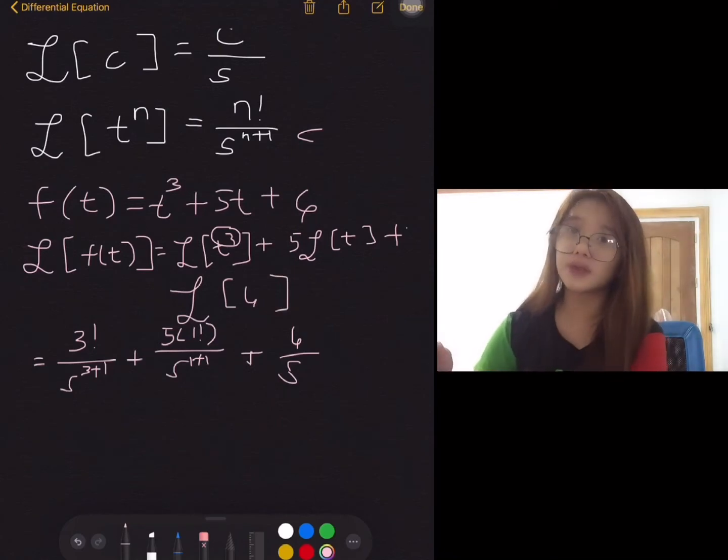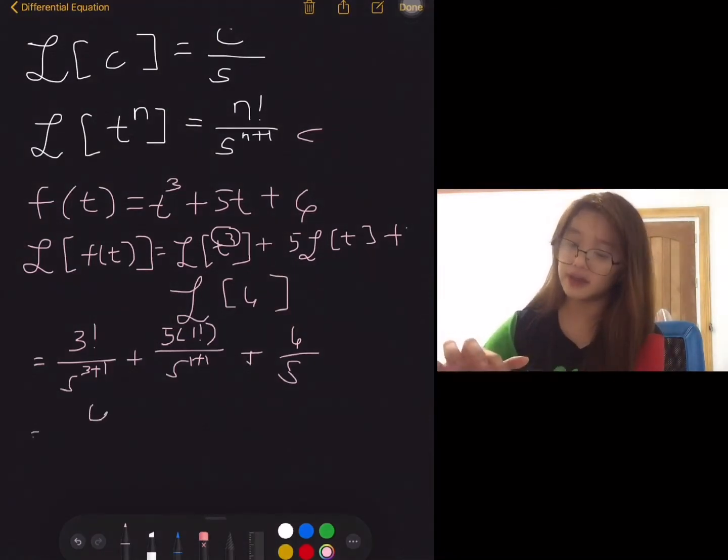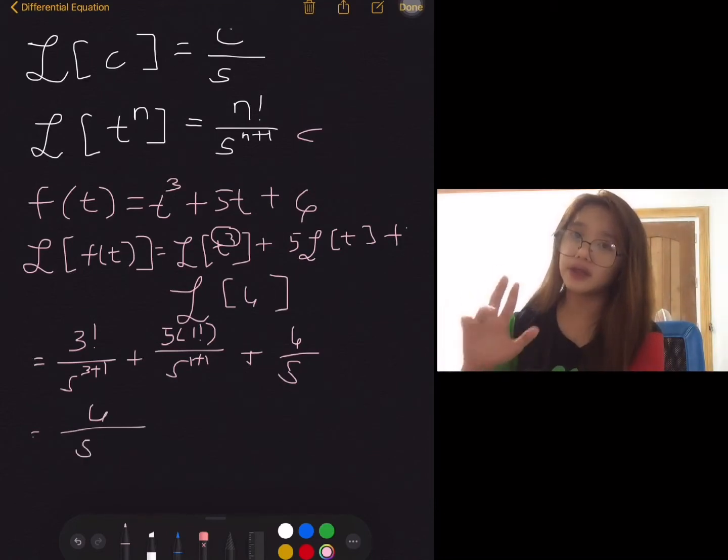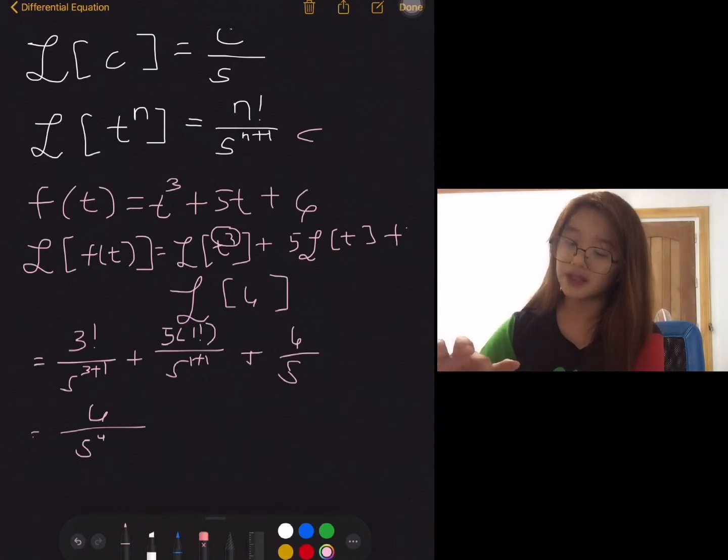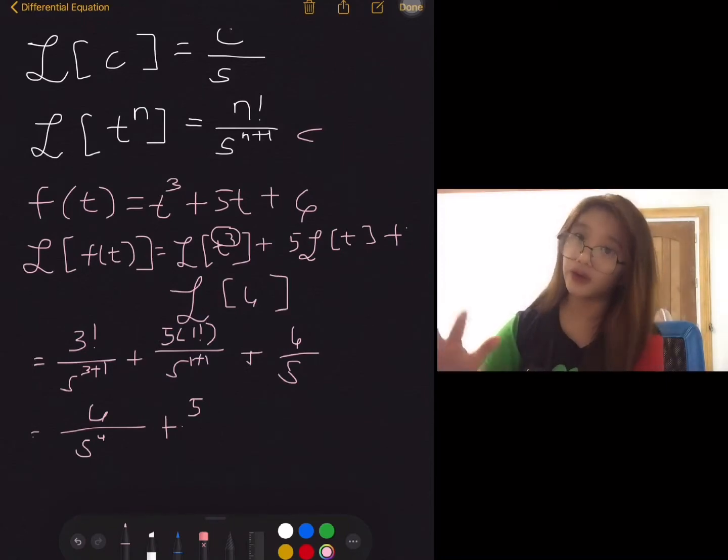Okay, 3 times 2 times 1 is 6. s raised to 3 plus 1 is 4, so we have s to the 4th power. Plus 5 times 1 factorial. 1 factorial is 1, and multiplied by 5, it will be 5 over s. 1 plus 1 is 2, so s squared.